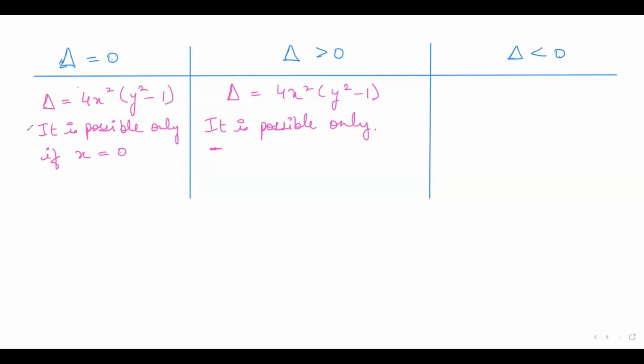So y square minus 1 is greater than 0, right? That means y square is greater than 1. So can y square be greater than 1? If you see the range, is this possible? So it is possible only if this condition holds, but this is not true.